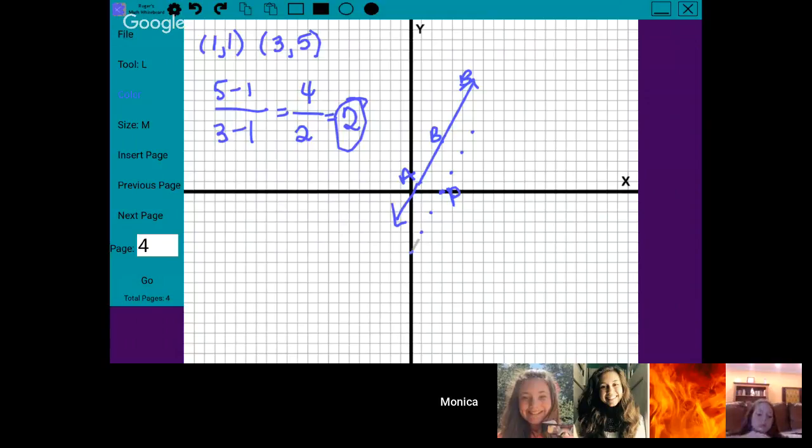And then you're just going to connect those dots. Does that make sense?